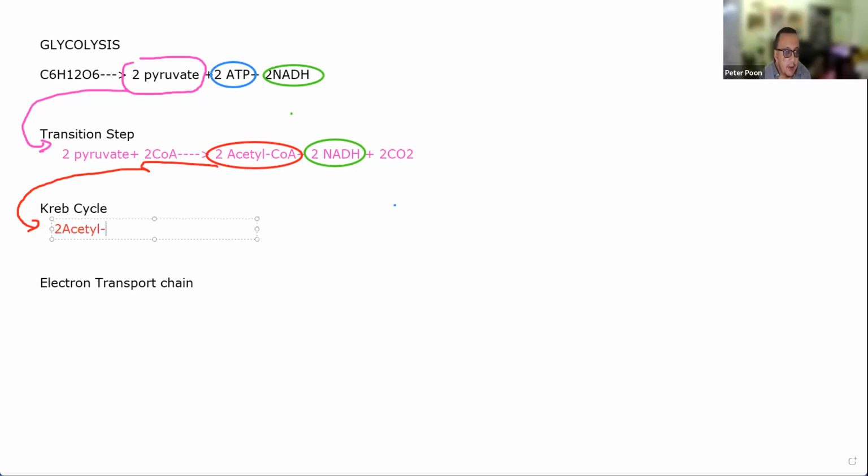Acetyl means it has 2 carbons. That gets broken down into 6 NADHs plus 2 FADHs plus 2 ATPs plus 4 CO2s.